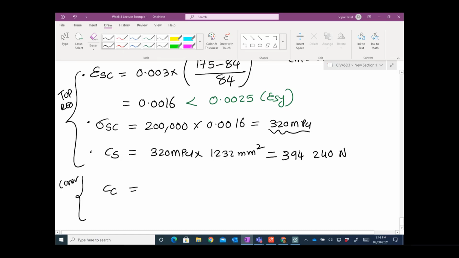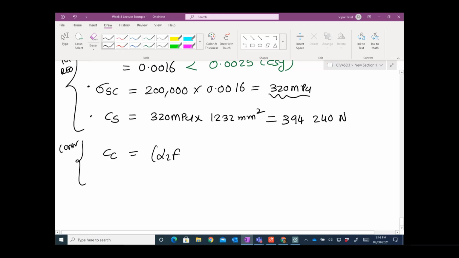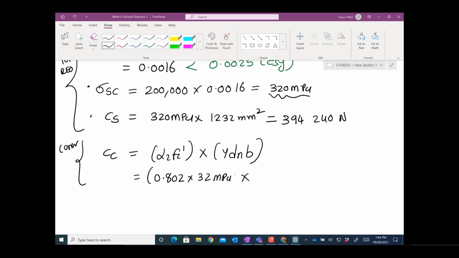Cc, the force in the concrete, is alpha 2 fc' times the area, gamma Dn b. So alpha 2, which I think we calculated, and 32 megapascals. Gamma, we also calculated, is 0.89. Sorry, this is repetition. This is how doubly reinforced sections work, because Dn is a troublemaker, as I mentioned.